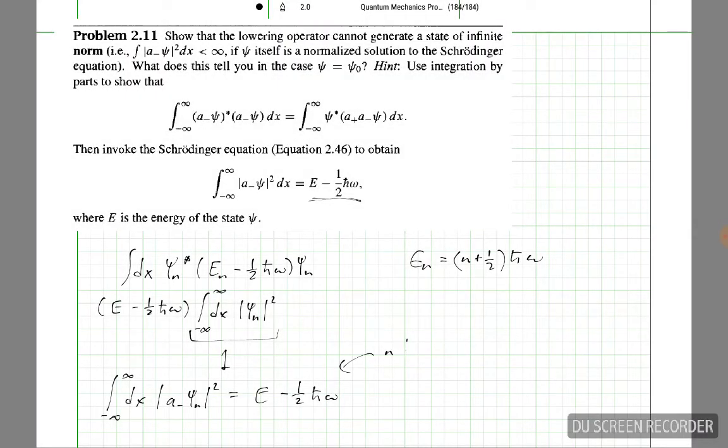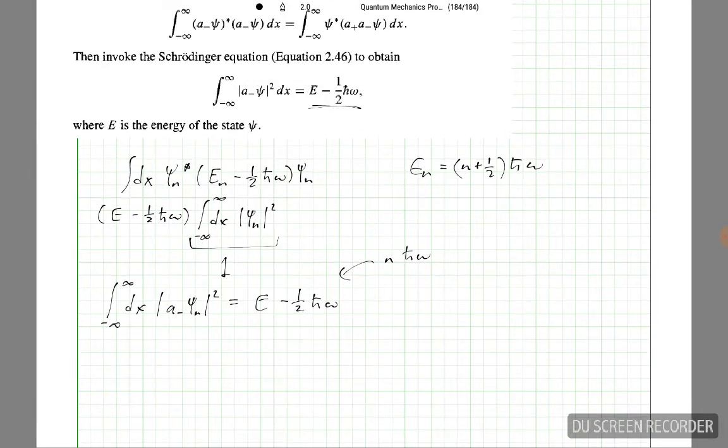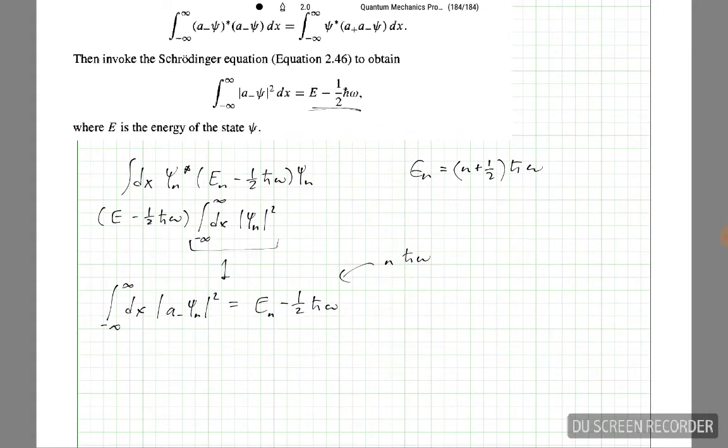Or, by the way, n h bar omega. Okay, so E n, that is the energy state for psi n.